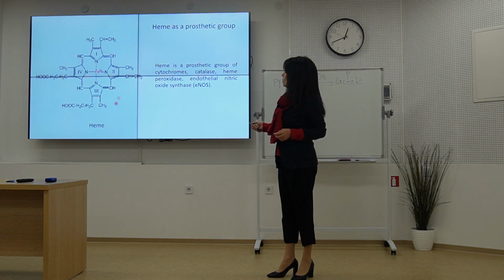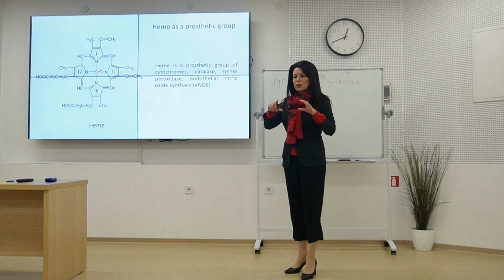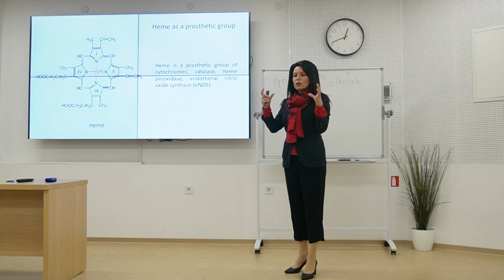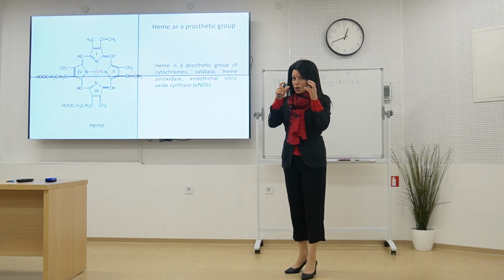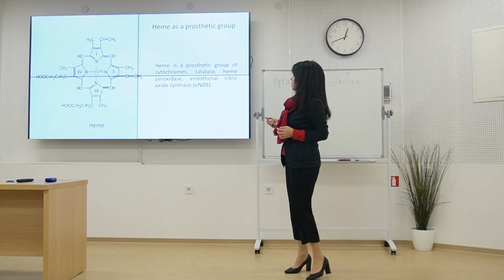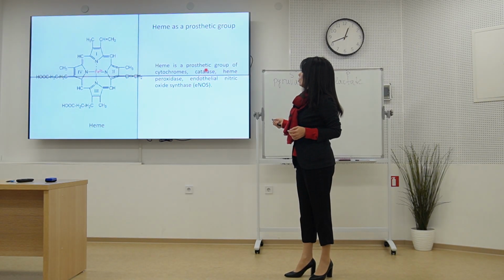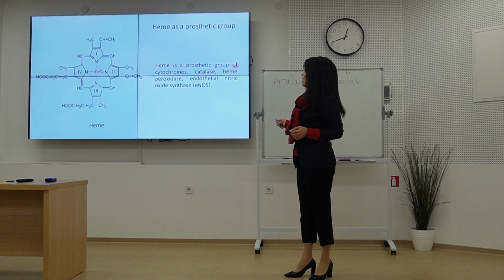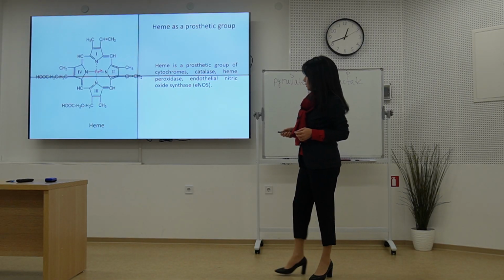This molecule is used as a prosthetic group of cytochromes. These are compounds composed of heme plus proteins, called cytochromes, as a prosthetic group of some enzymes like catalase, heme peroxidase, endothelial nitric oxide synthase.